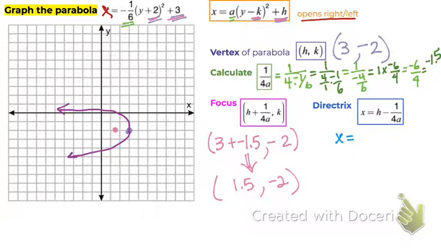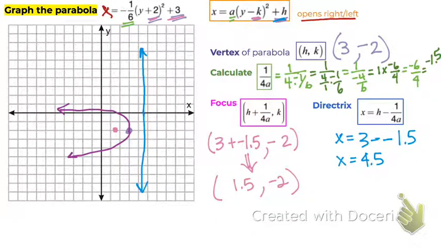So this is going to be a line that's cutting across the x-axis, a vertical line, and it is h, which is 3, minus whatever 1 over 4a is. So minus negative 1.5. And 3 minus negative 1.5 is 4.5. So there is a vertical line going through the x-axis at 4.5 here. So I'm just going to draw my directrix right here.